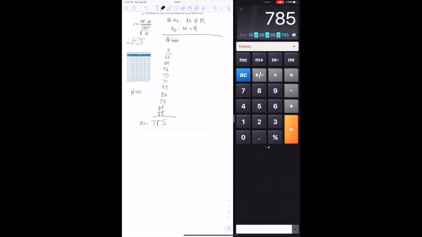So the mean will be 785 divided by 10, or the mean equals 78.5. It's a nice thing about having an n of 10. Makes that division problem very easy.